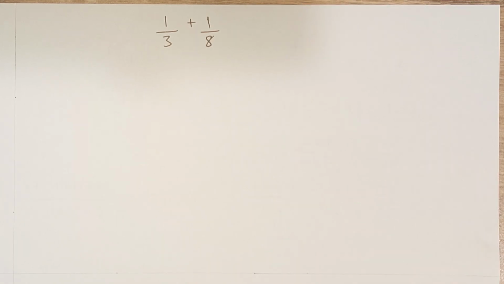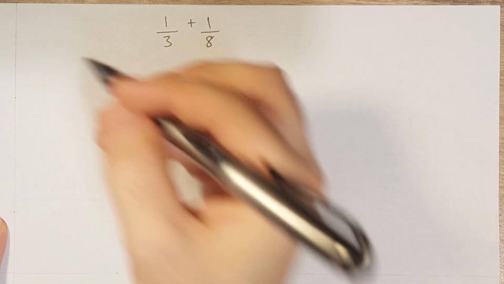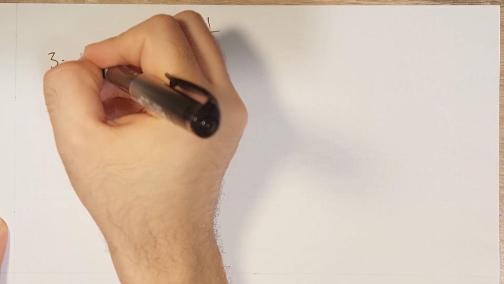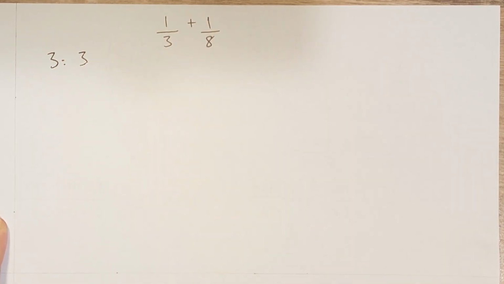This is our second question, 1 by 3 plus 1 by 8. Again, the denominators for both are different. We have to make them the same, and for that, we find the LCM. I'm going to again use prime factorization. 3 is a prime number.